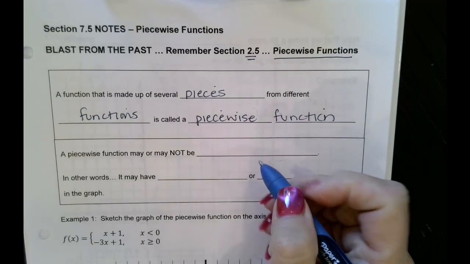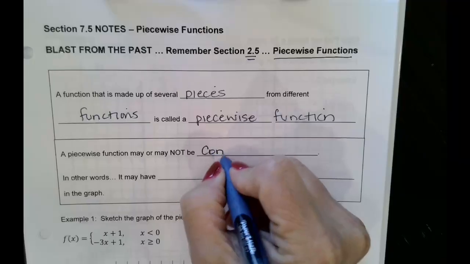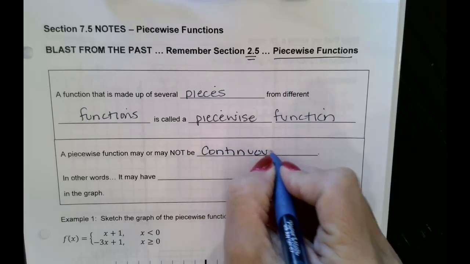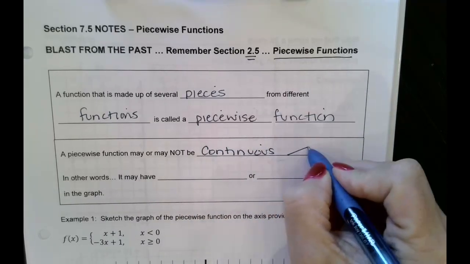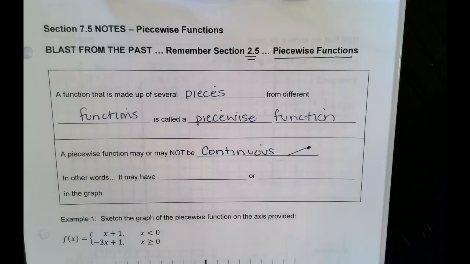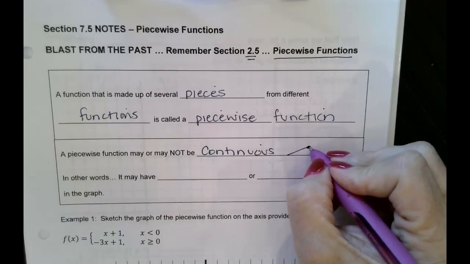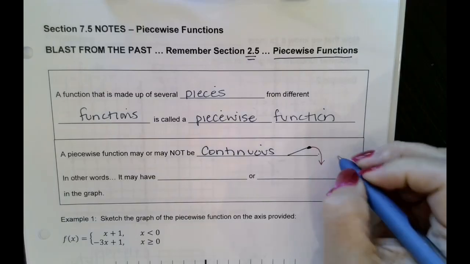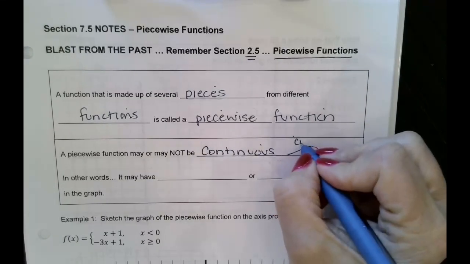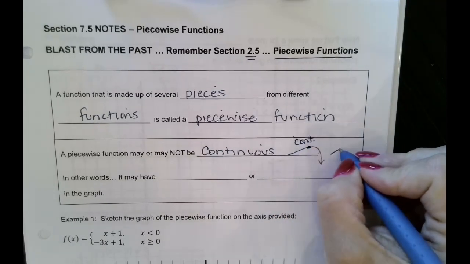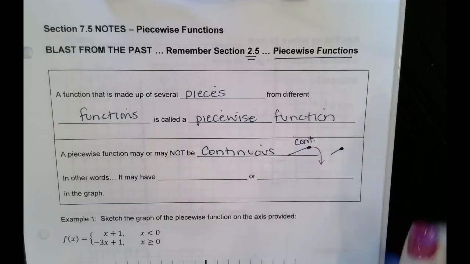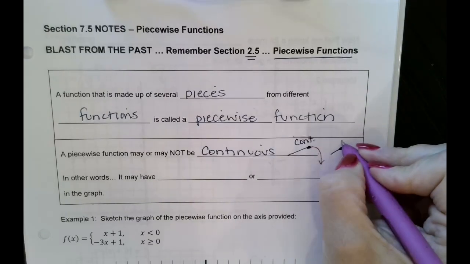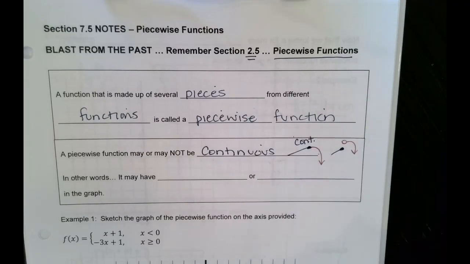So a piecewise may or may not be continuous. And what that means is you might have one function that looks like this and ends, and then the next function might start on the same point and go down. Okay? This right here is continuous. Or you might have a function that looks like this and ends, and then your next function starts up here and does something like this.